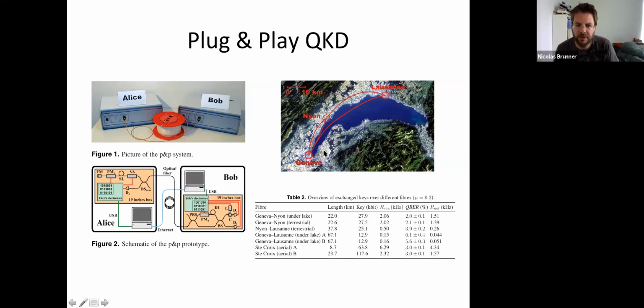These were also, I think, the first real-world demonstrations of quantum cryptography. In particular, there was a nice one between Geneva and Lausanne using an optical fiber at the bottom of the lake of Geneva. That showed that over a distance of about 60 kilometers, this technology works. You can really exchange a secret key.